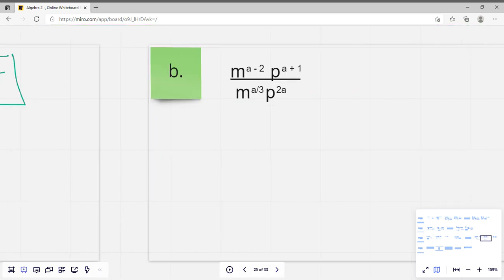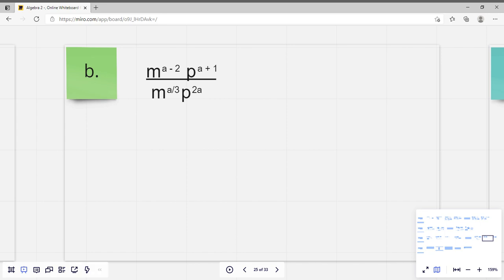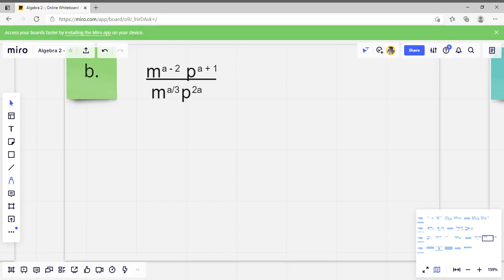Okay, next one. Alright, so here's where we have to subtract. So we're going to say a over 3. We're going to subtract it from that. So we got a minus 2 minus a over 3. So we've got to multiply this times 3.